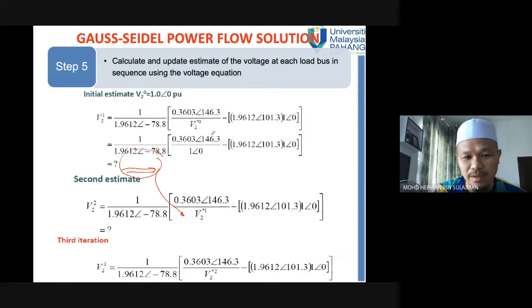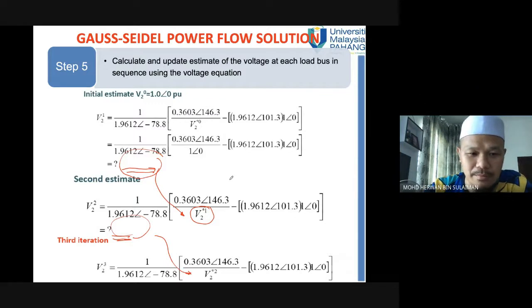Everything is similar, but your voltage here will be different, so you get the new value of the voltage at bus number 2 for the second iteration. For the third iteration, this value needs to be used here also. As you can see, if you make a mistake here, all the way your answer will be wrong, so be careful.